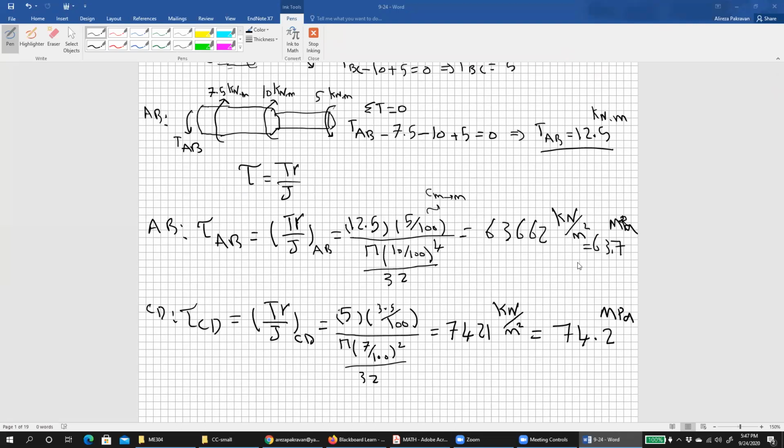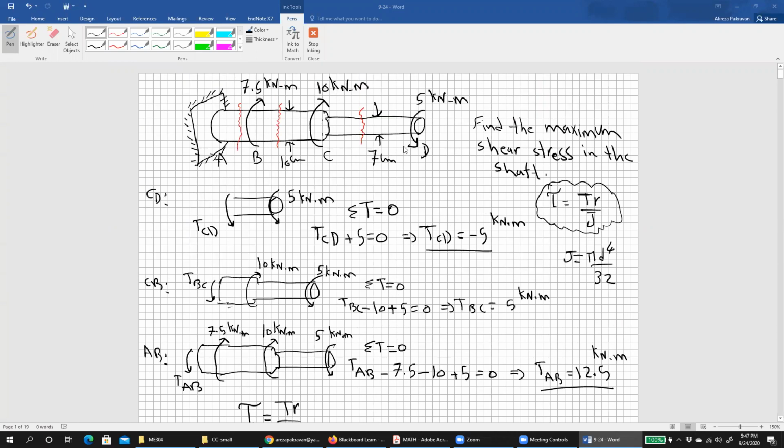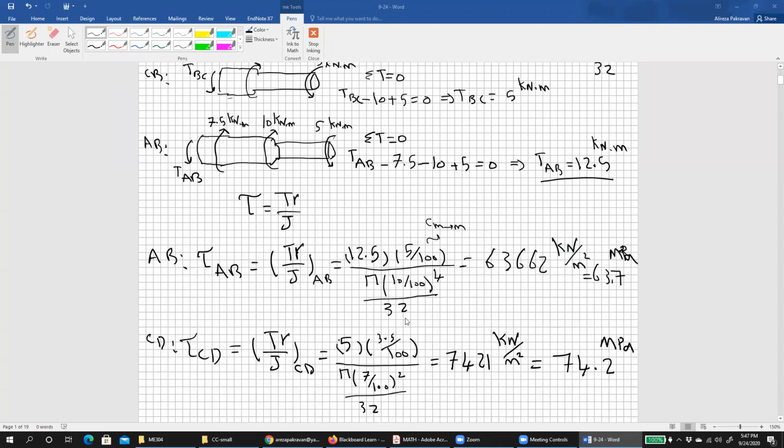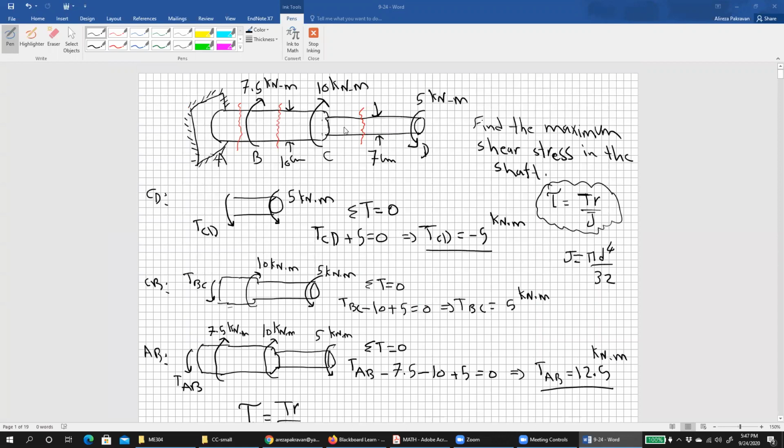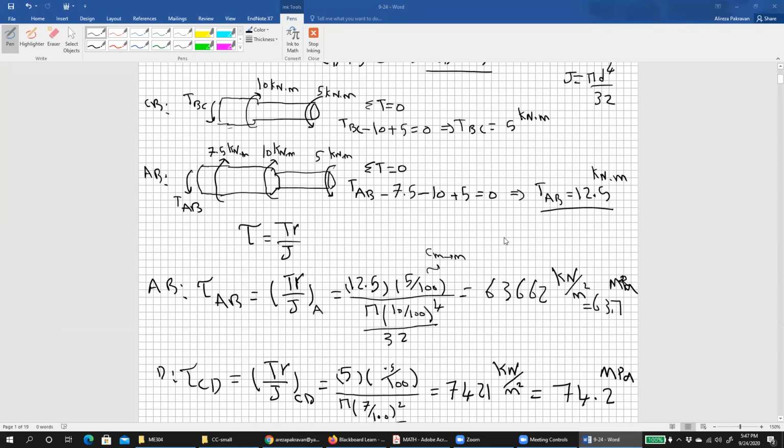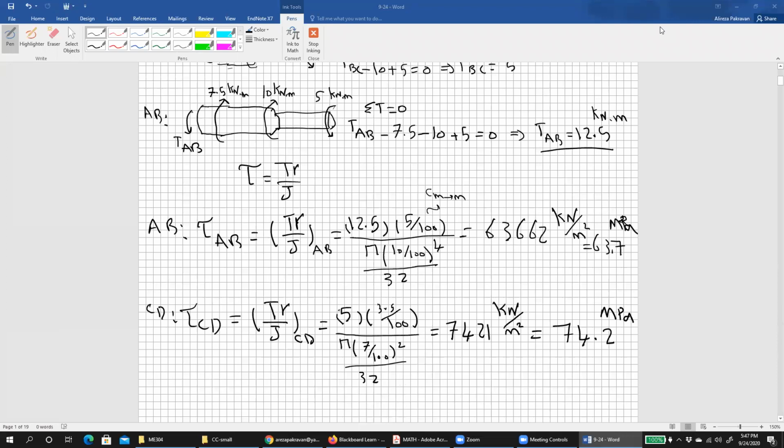If we wanted to find the maximum torque and we had an allowable stress for two different materials, we should compare those. But here we just want to find the maximum shear stress, which is very similar to statics. It doesn't say anything about the allowable stress.